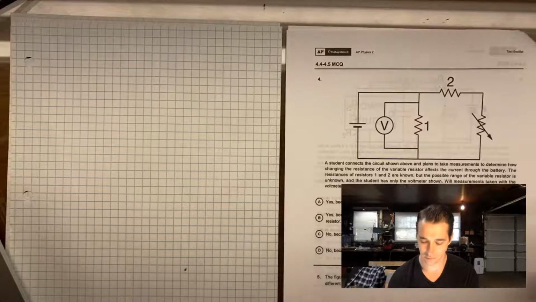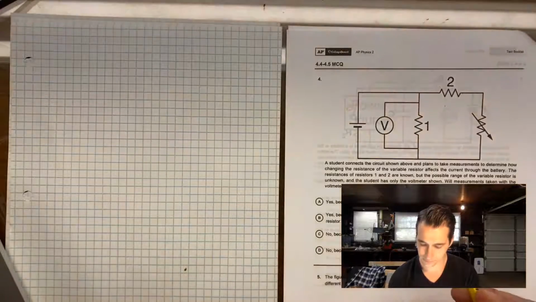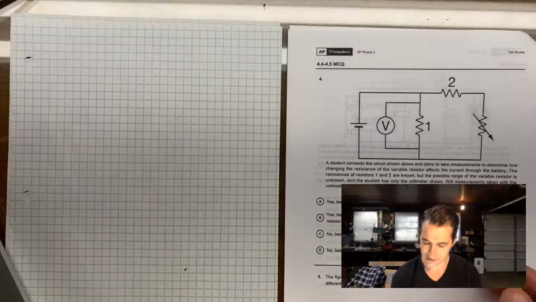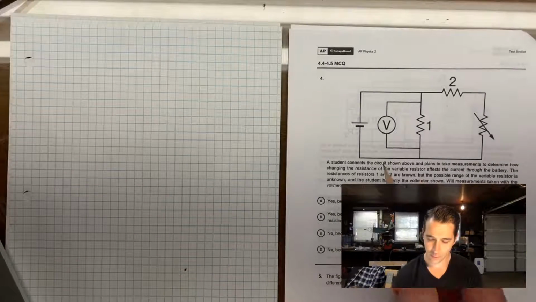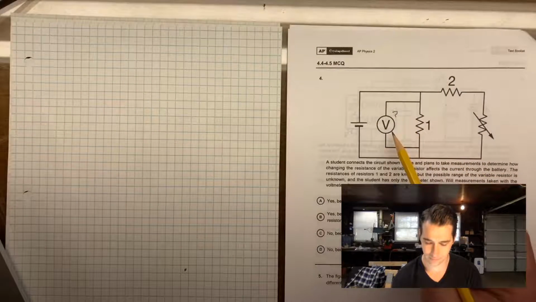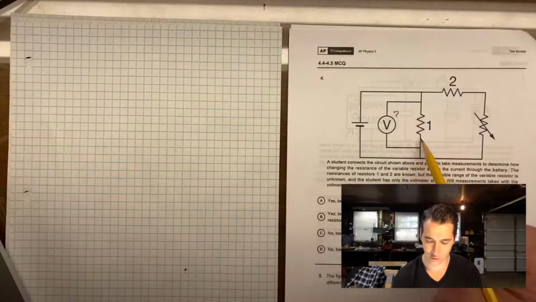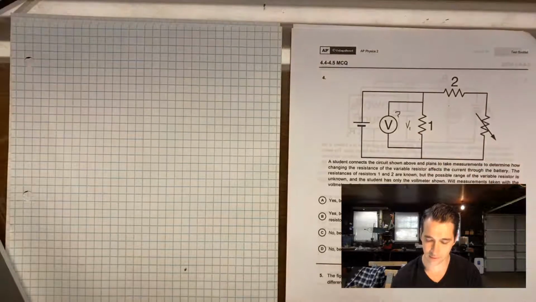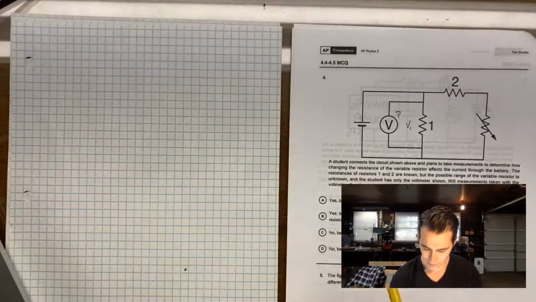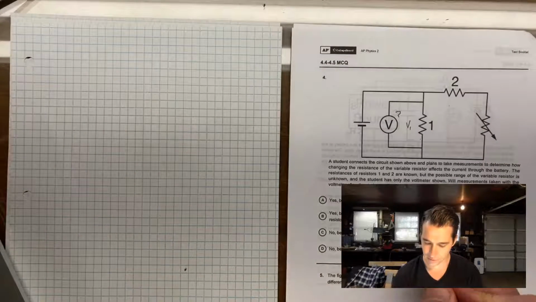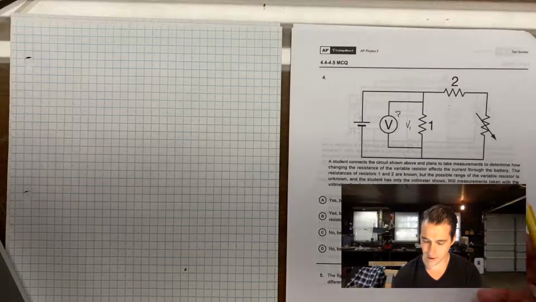So they're asking, will this measurement, this voltage across here, sometimes we would call this V1, allow us to determine the current in the variable resistor?